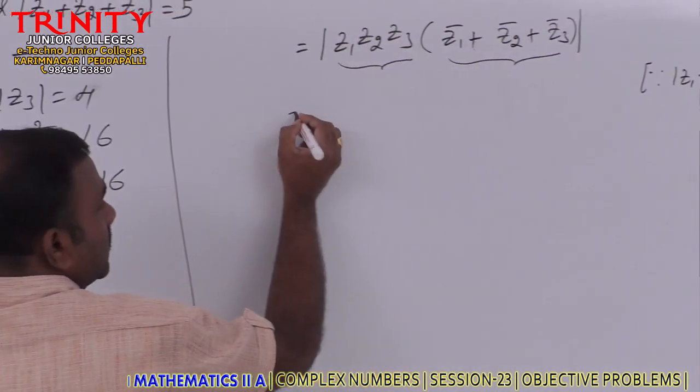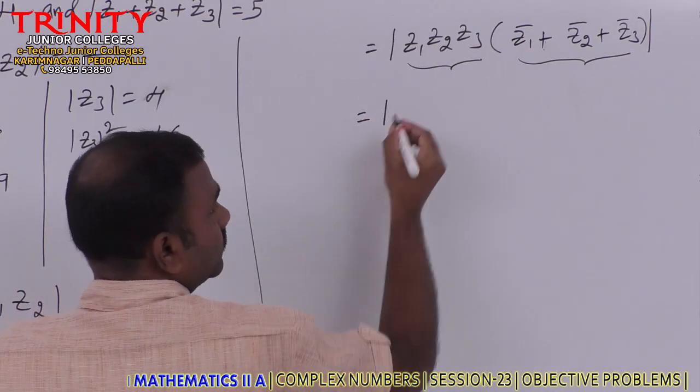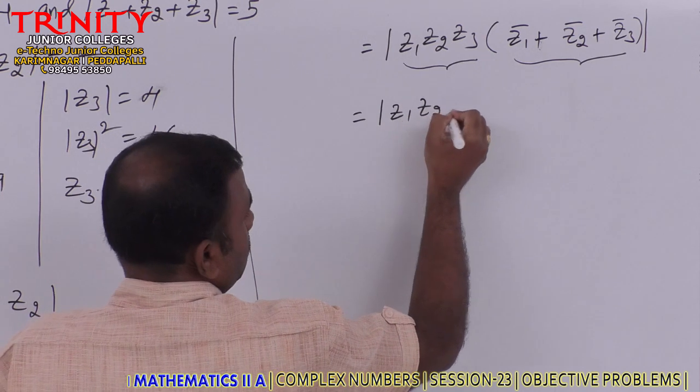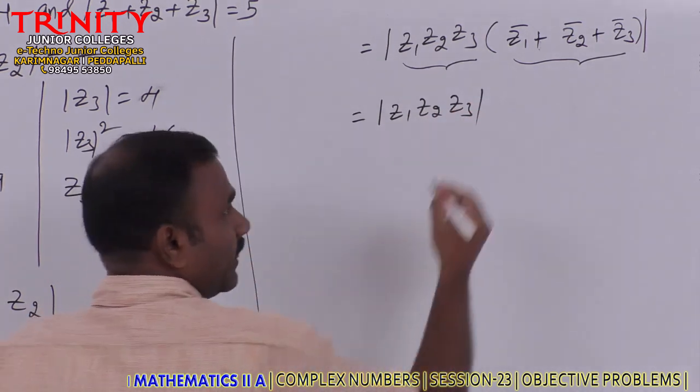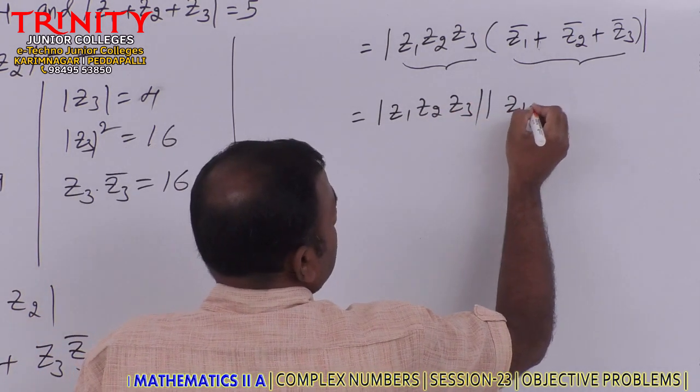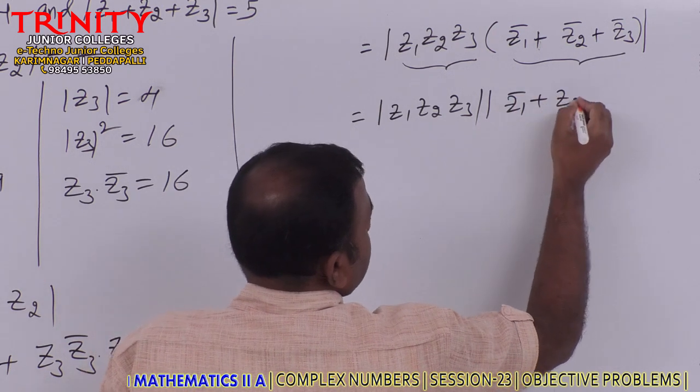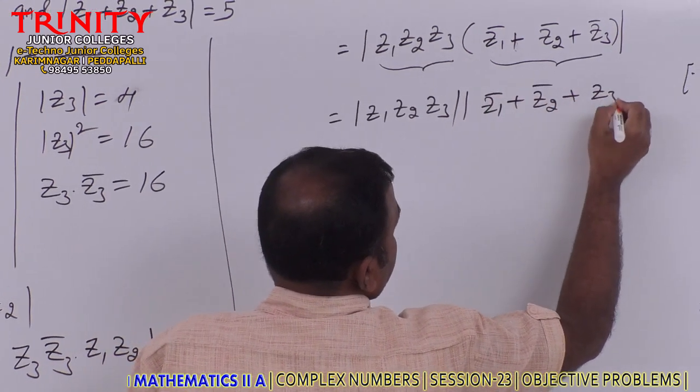This is equivalent to mod z1 z2 z3 into mod of z1 bar plus z2 bar plus z3 bar.